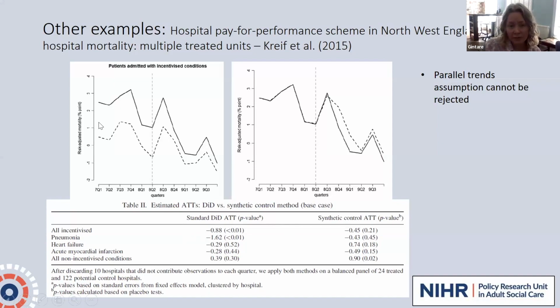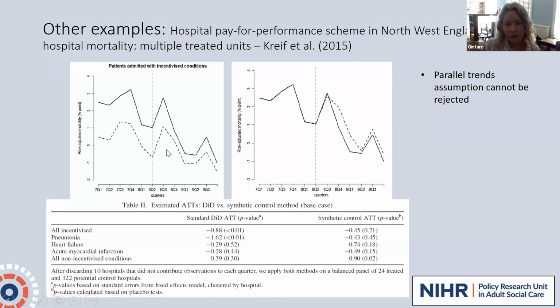So on the left-hand side graph, there's a comparison between averaged Northwest England providers and the rest of England in the dashed line. It is fairly visible that both are quite dissimilar from each other. However, they track each other's movements fairly well.